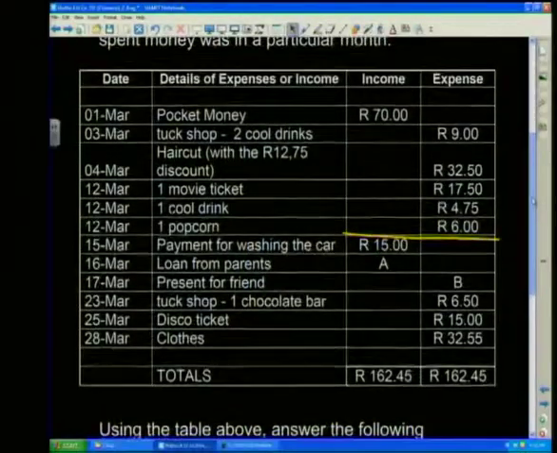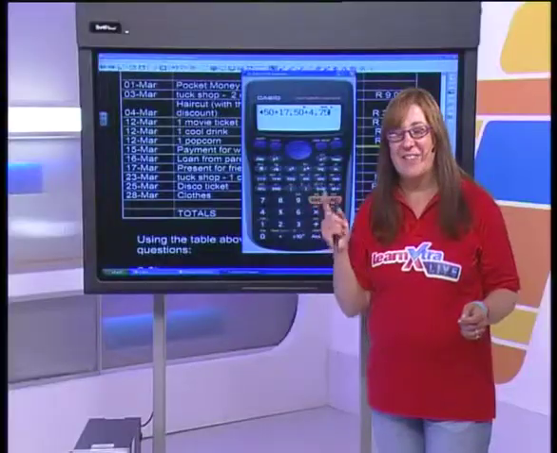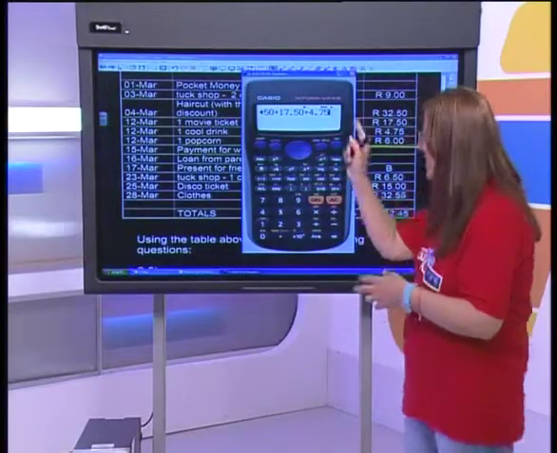So his expenses of 9 Rand was the first one. So we're going to clear that, and I'm going to say, well, it's 9 Rand plus our 32.50 plus 17.50. Ty, you're checking me. Yes, I'm watching very keenly. Plus 4.75. And as you enter the numbers on your calculator, just make sure that you're entering them correctly.